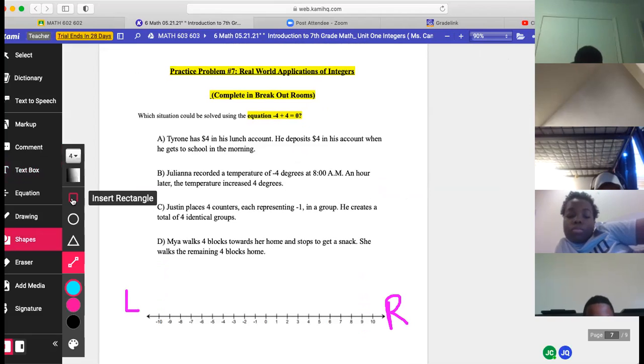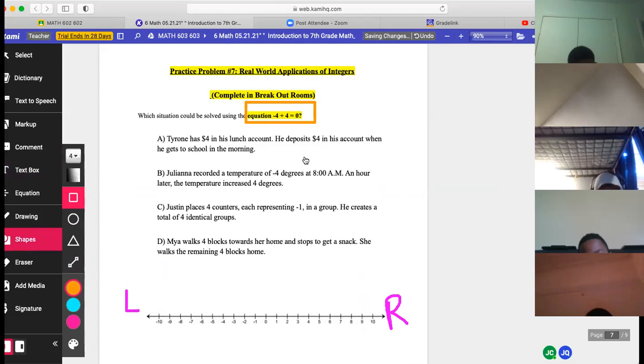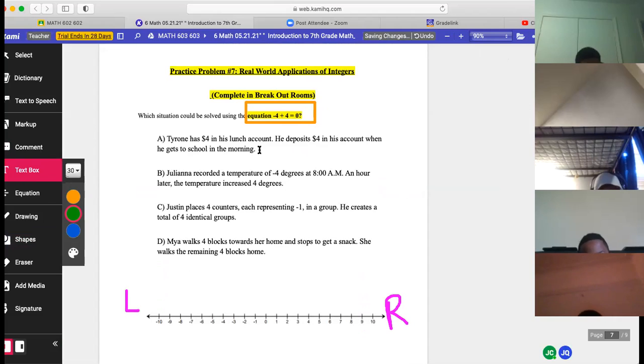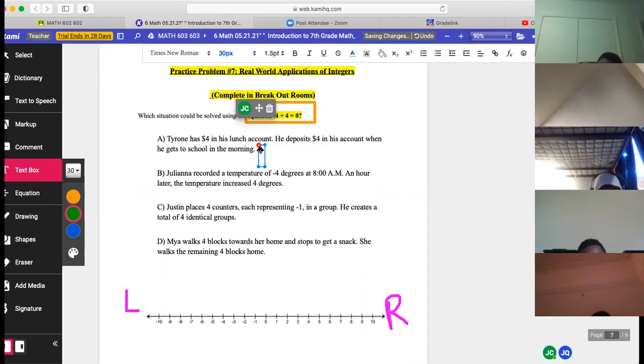This situation could be solved using the equation of -4 plus 4 equals 0. A. Tryon has $4 in his lunch account. He deposits $4 in his account when he gets to school in the morning. B. Juliana recorded... Wait, Jean, before you read the next question, let's write the number sentence.